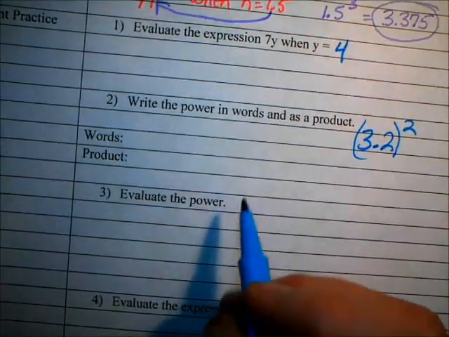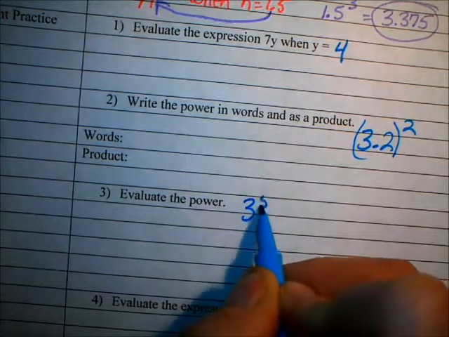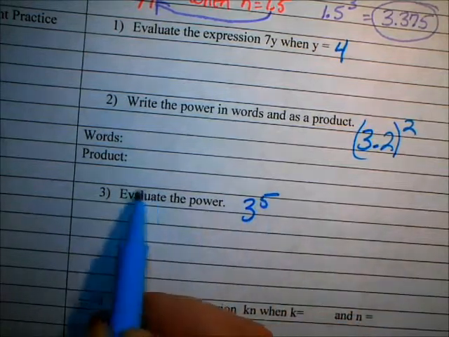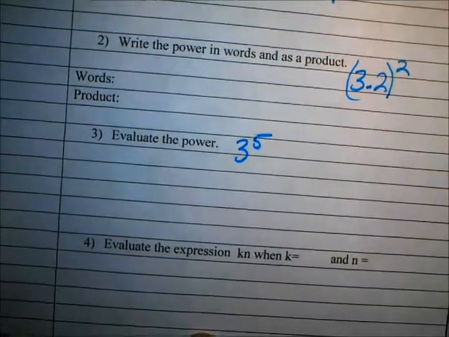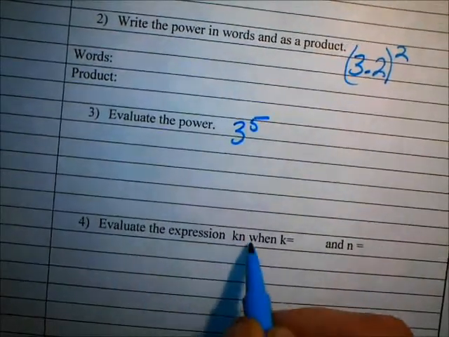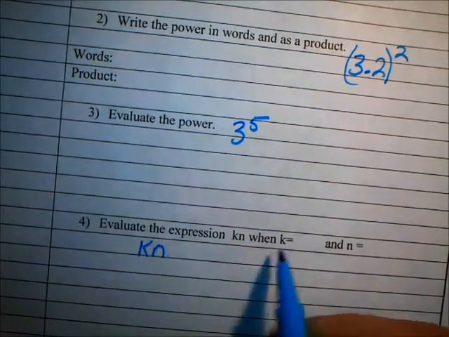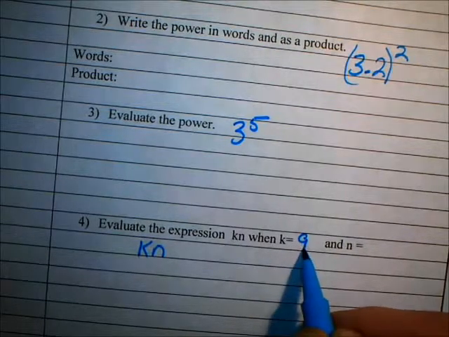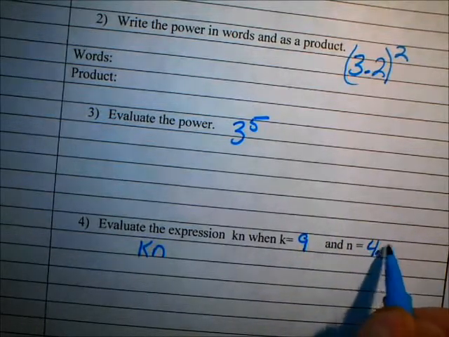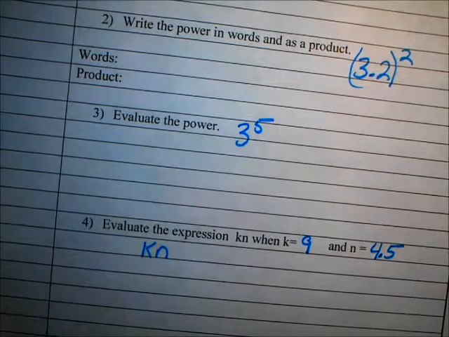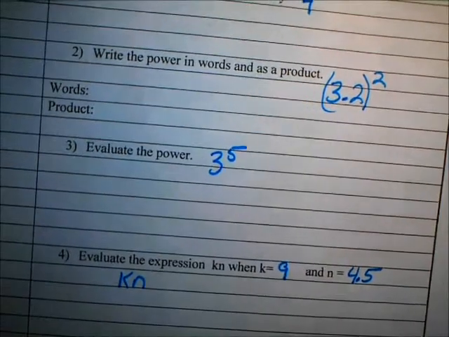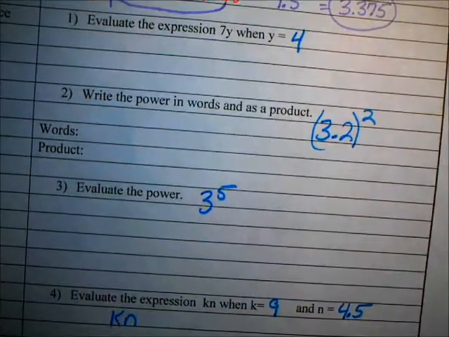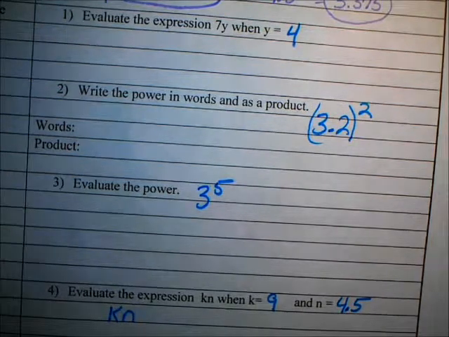On number 3, they want us to evaluate what 3 to the 5th power is, so solve it. And then 4, here's your expression, kn, and they say the k is 9 and the n is 4.5, so you're going to plug them in and find out what it equals. I'll give you a couple minutes to do this and we'll check your answers.